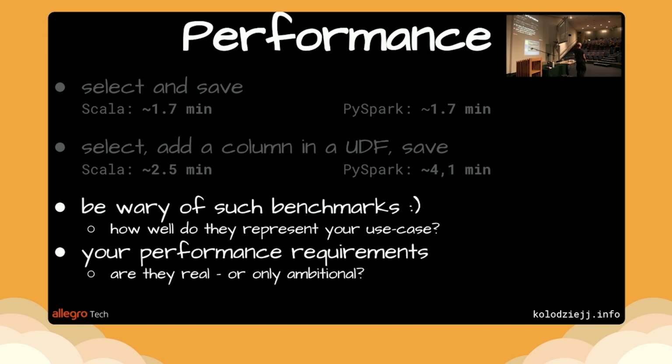Also, when trying to choose, think about your performance requirements, whether you actually have performance requirements. Again, for us, some jobs in Allegro do have an SLA. They need to finish by some time of the day. So this is a pretty solid performance requirement. It's a strong signal that the code should be performant enough.